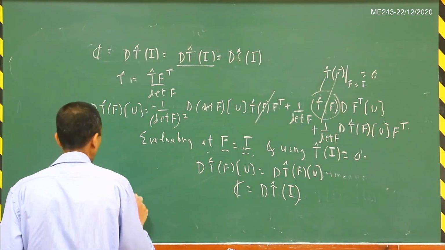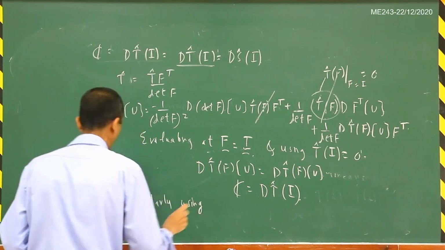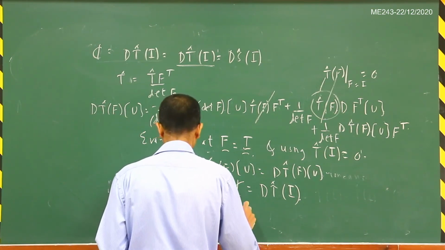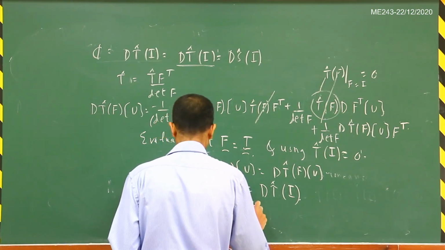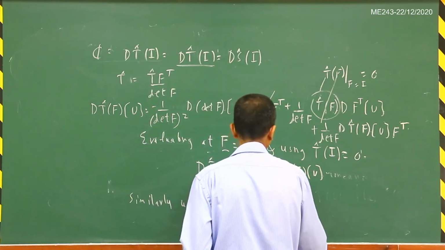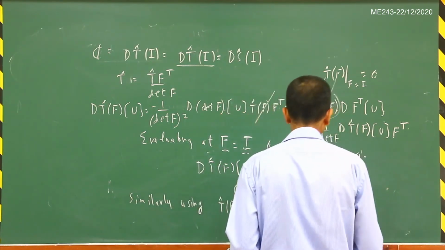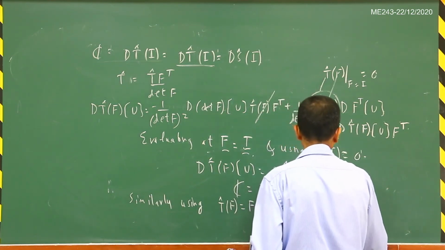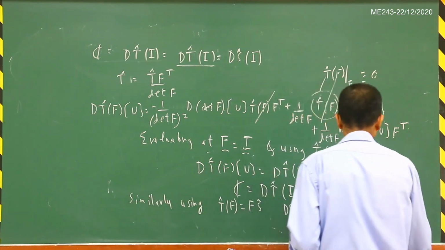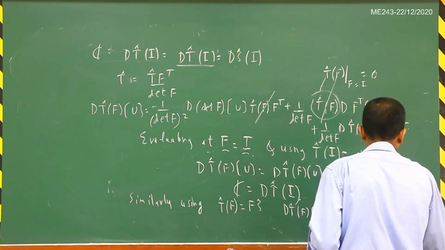Using t hat of F is equal to F times s hat, you will get D of t hat of F evaluated in the direction u is equal to D of F in the direction u times s hat of F, plus F times D of s hat evaluated at F in the direction u.